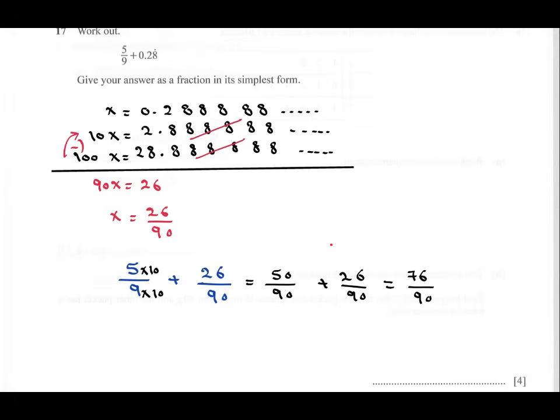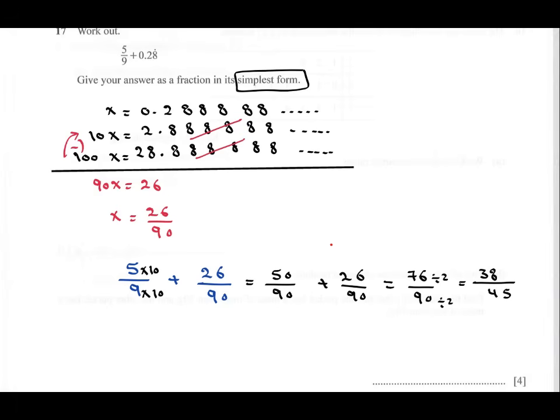He needs the answer in simplest form, and I can see that both terms are divisible by 2. 90 divided by 2 is equal to 45. 76 divided by 2 is equal to 38. 38 over 45 as a final answer. Okay? This is question 17, a 4 marks question.